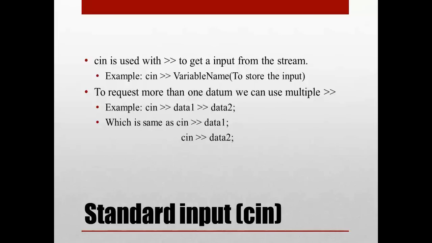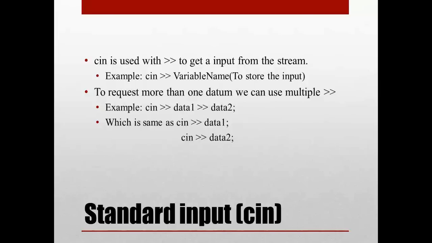For example, you can do cin data1, data2, and put this input stream operator in between. What this is going to do is take two inputs from the user. For example, if you want the user to input two numbers, they're going to type in one number, then put a space, then another number. And this is very important.